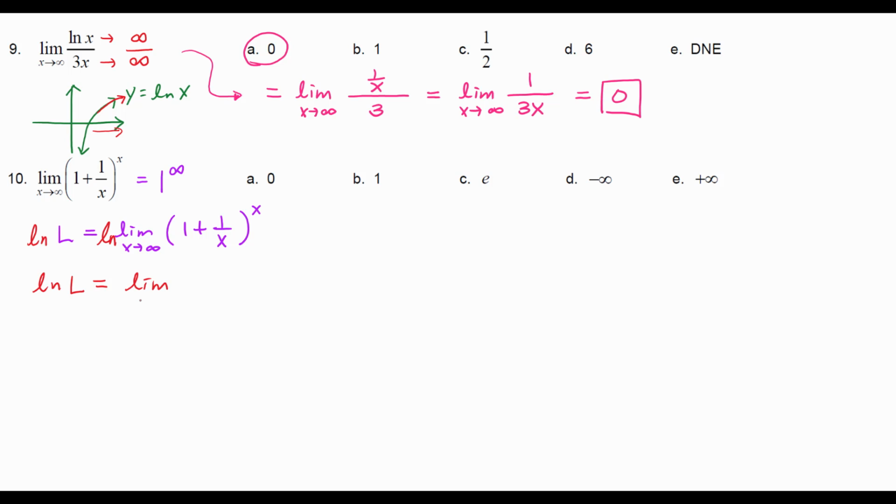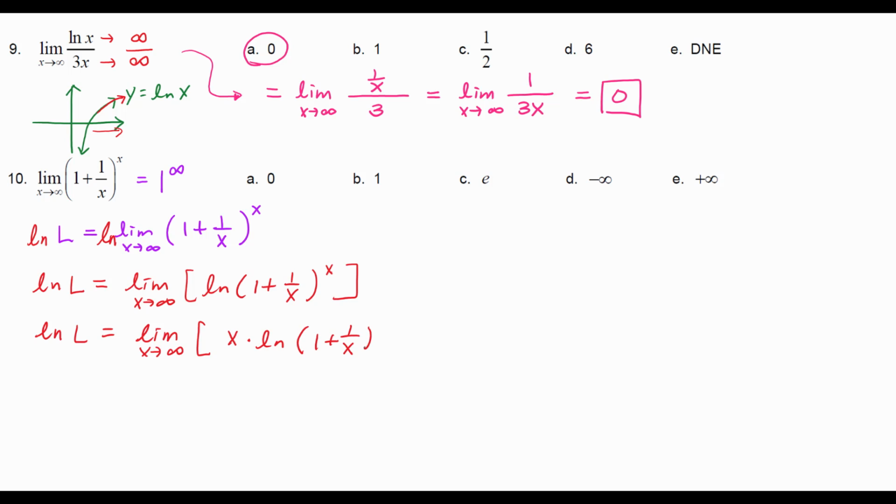So you have the limit as x approaches infinity of ln of the quantity 1 plus 1 over x to the x power. And now we use the beautiful property of logarithms, where the power of the input of the logarithm drops down to the front. So we have ln L equals the limit as x approaches infinity of x times ln of the quantity 1 plus 1 over x.